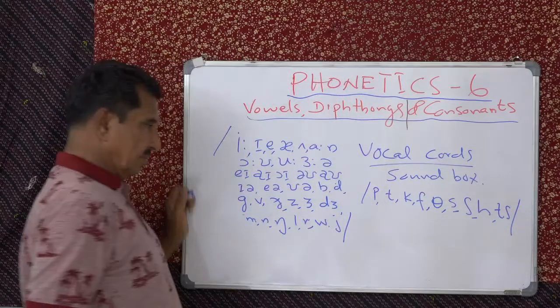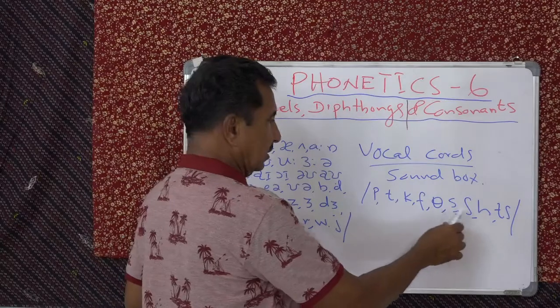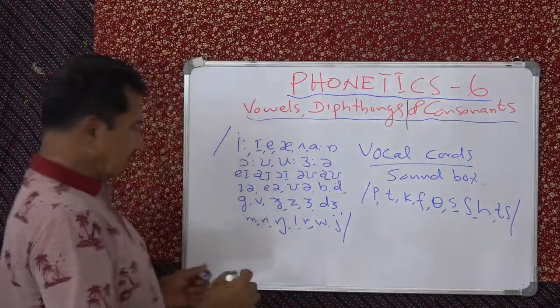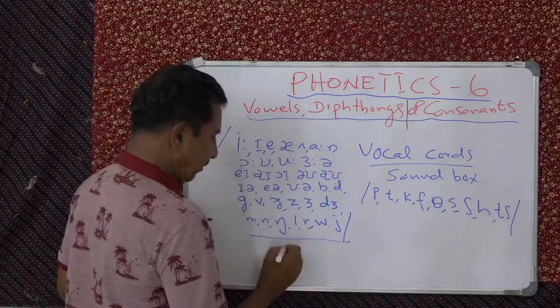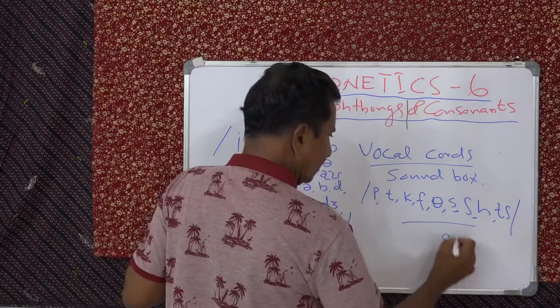These 9 sounds. See it? 1, 2, 3, 4, 5, 6, 7, 8, 9. Here you have 35 sounds, and here you have 9 sounds.